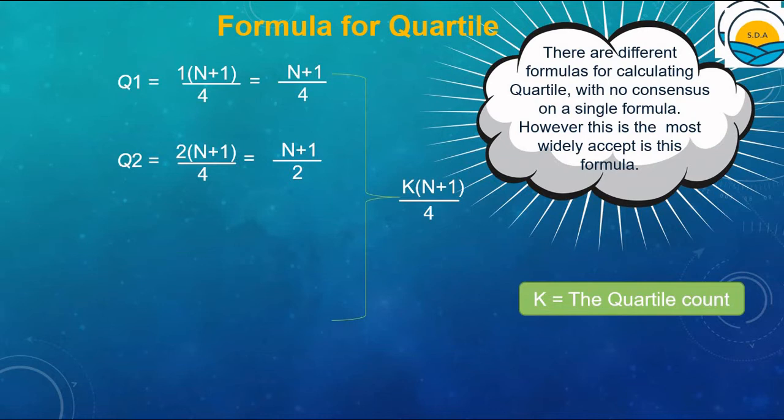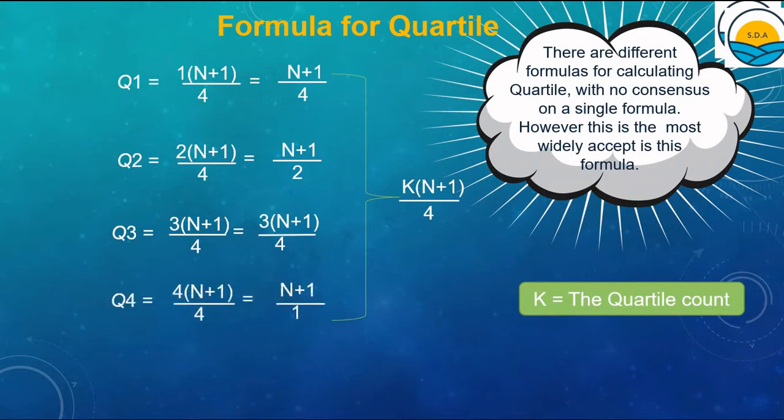So if we have to calculate Q3, the formula will be 3 multiplied by n plus 1 upon 4, and this formula cannot be simplified further. It remains like 3 multiplied by n plus 1 upon 4. Theoretically, for Q4, the formula will be 4 multiplied by n plus 1 upon 4. So the 4 and 4 will cancel each other.